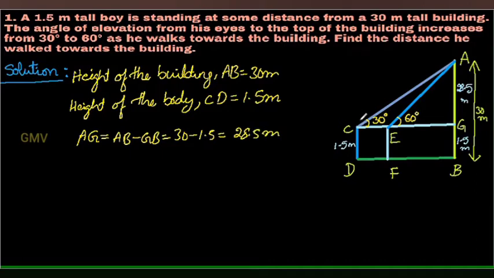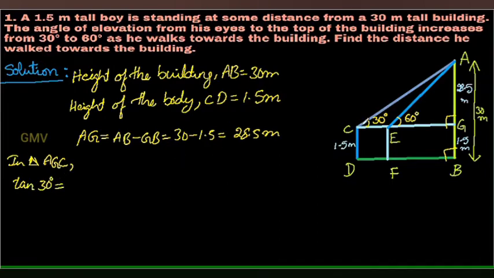Here we have to find out CE distance. So in triangle AGC, tan 30 degree is equal to opposite by adjacent.